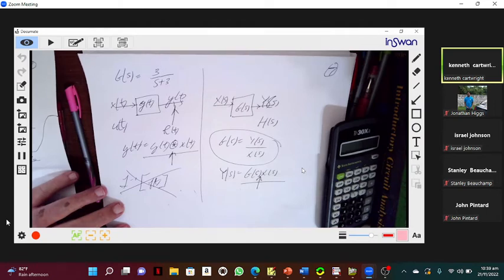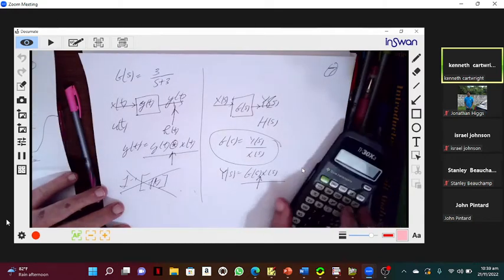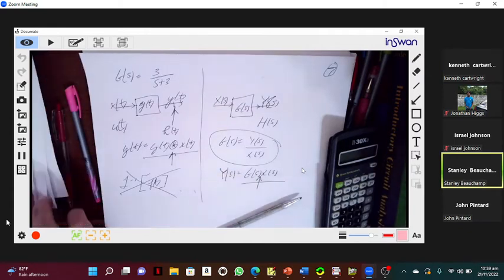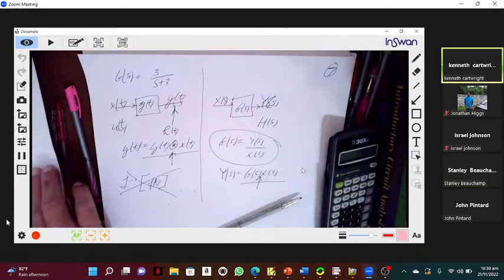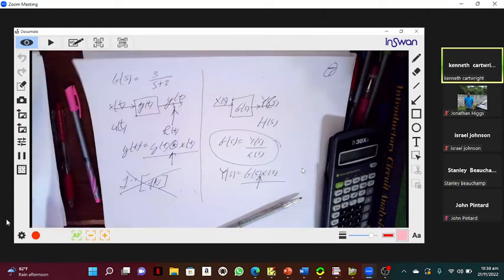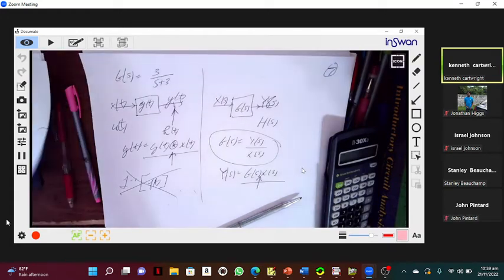Folks, I think you all have forgotten what we're trying to do here. Somebody tell me, what are we trying to do? Trying to find the step response. And if we're trying to find a step response, what is the input?